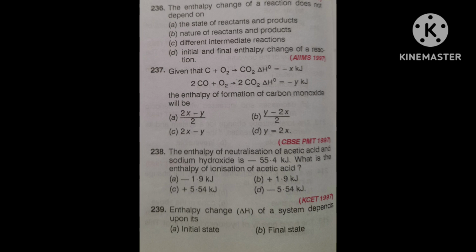Why is it so much less? That heat is used up in ionization. The difference of heat is used in ionization. So 57.3 minus 55.4 is 1.9 kilojoule. Hence the correct answer is plus 1.9 kilojoule, option B.